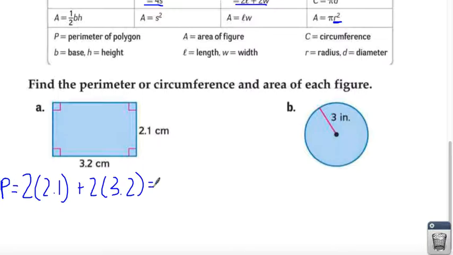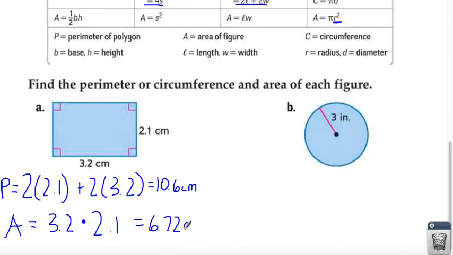That's going to come out to 10.6 centimeters. And the area is 3.2 times 2.1, which is 6.72 square centimeters. These are square centimeters, meaning it's a 1 by 1 centimeter square.